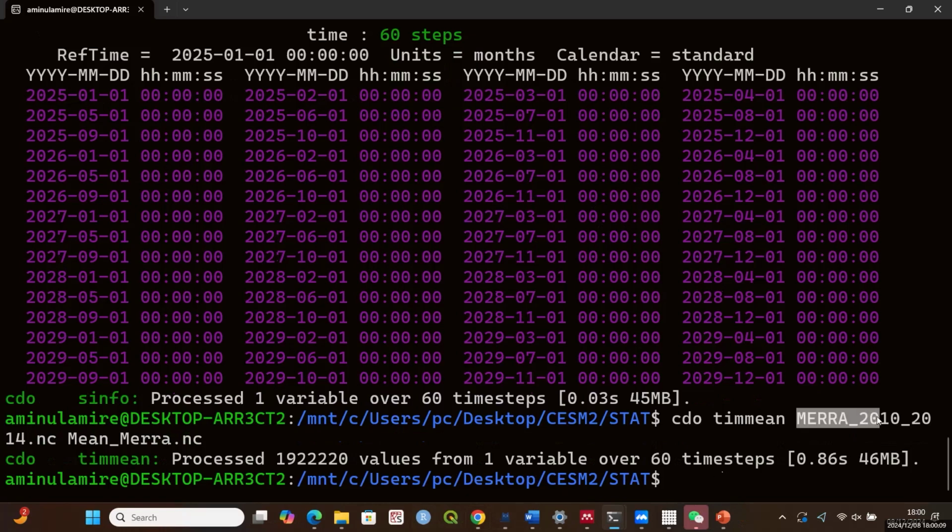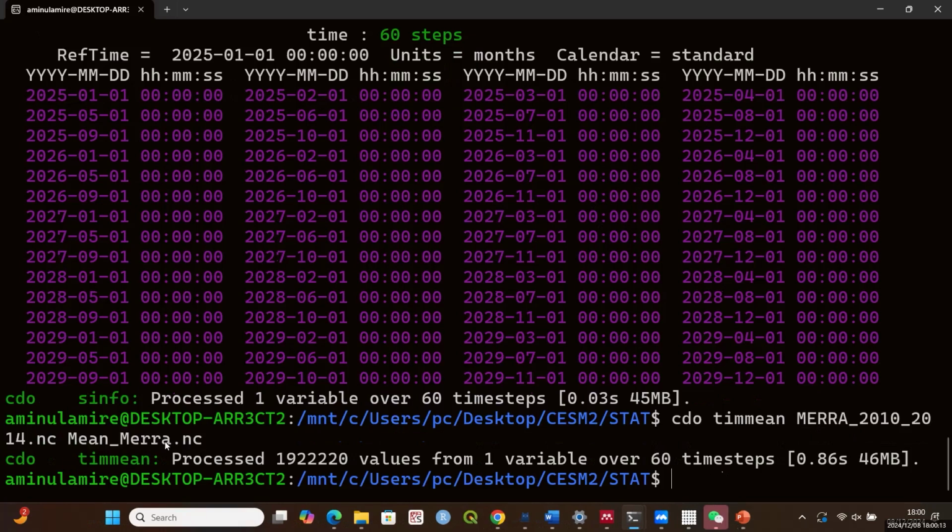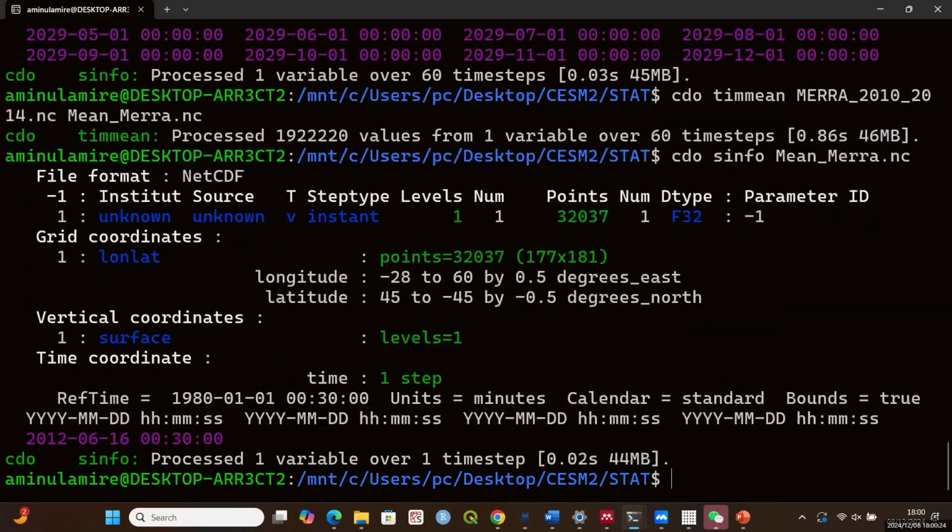Let me do CDO sinfo and then check. It has written 2012 06 16, so there is one time step. It means I've calculated the mean of my data.